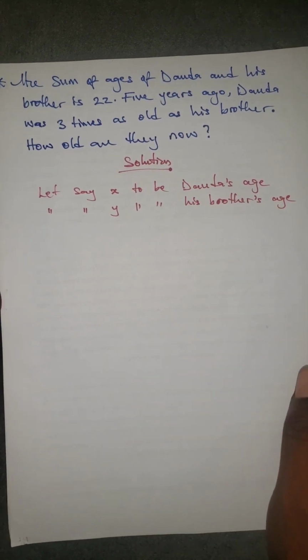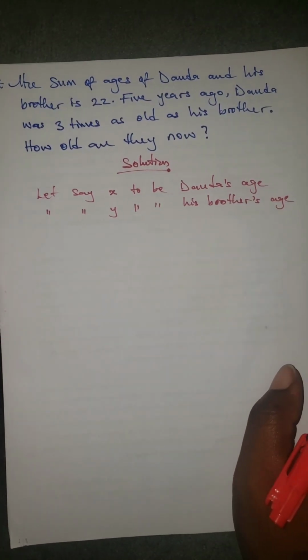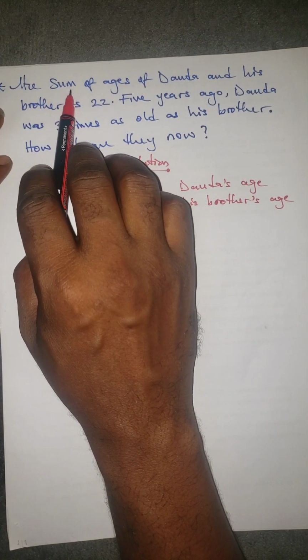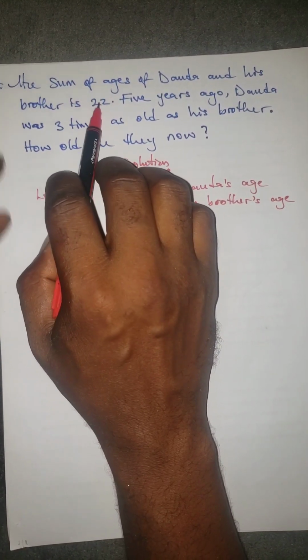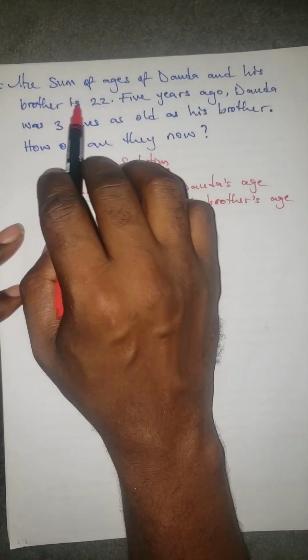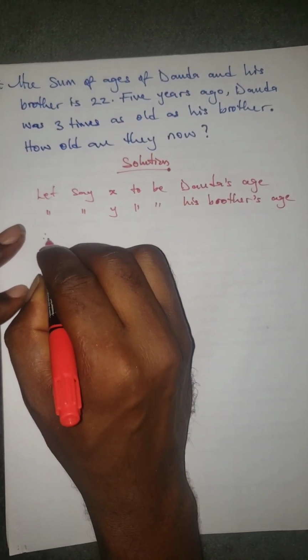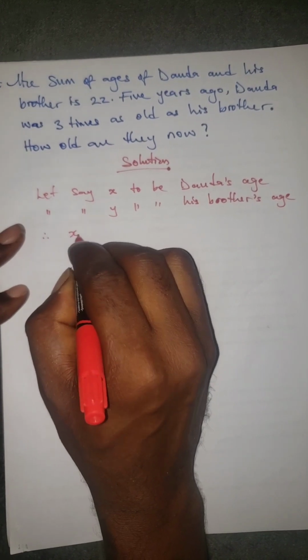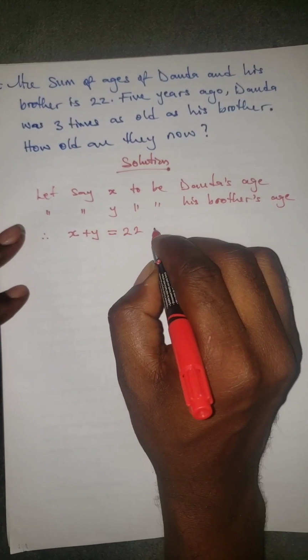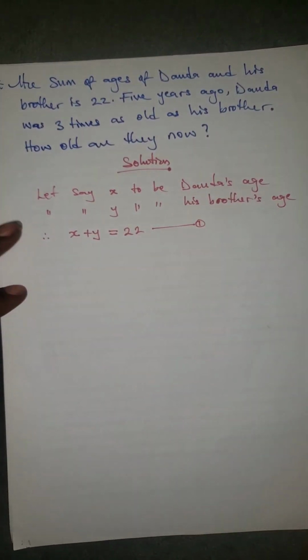With that, we can express the first sentence in mathematical form. They say that the sum of ages of Dauda and his brother is 22. Therefore, we can say that x plus y equals 22. So we can call that our equation 1.